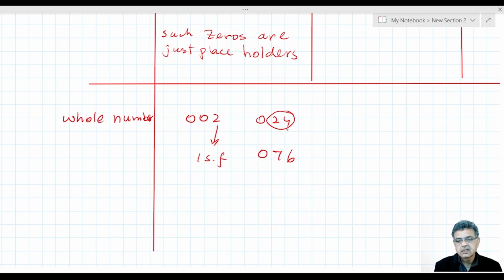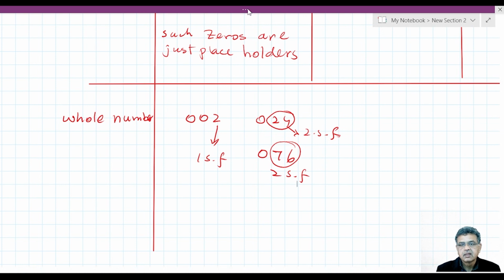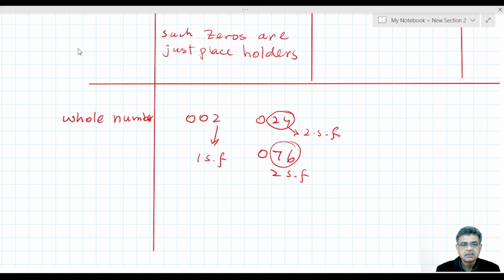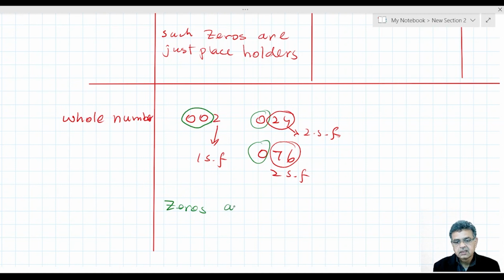This is two significant figures. This is again two significant figures, and same like decimals, these two zeros, or this zero or this zero. Zeros are not significant. Zeros are not significant.